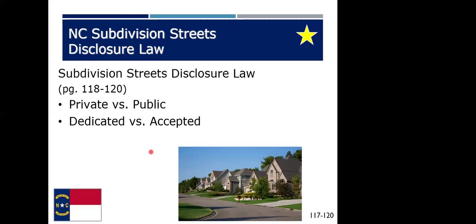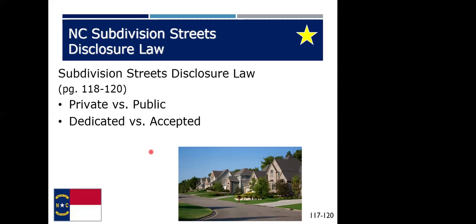If you are working with a buyer that is buying in a new subdivision that's not complete, you see that there's still space on the curb, you see that there's still room for another layer of concrete, we need to let our buyer know. The developer proposed to have this as a public street, as long as they keep doing what DOT requires, but we need to let them know that there is no guarantee.